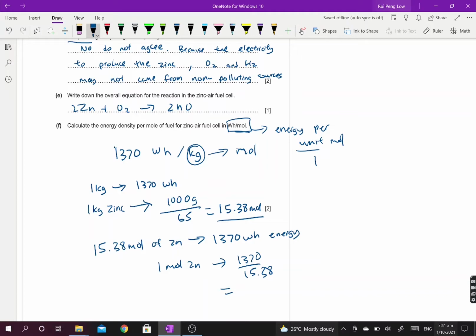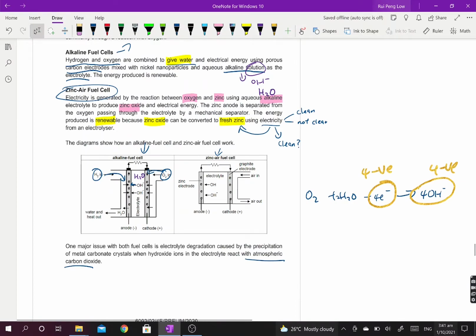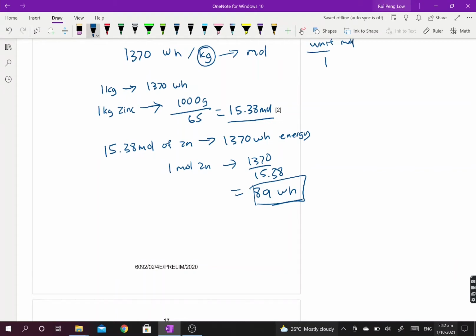So this is my answer per mole of fuel. So what is the fuel we are talking about? We are talking about your zinc electrode as the fuel. So the answer is 89 watt hours per mole.